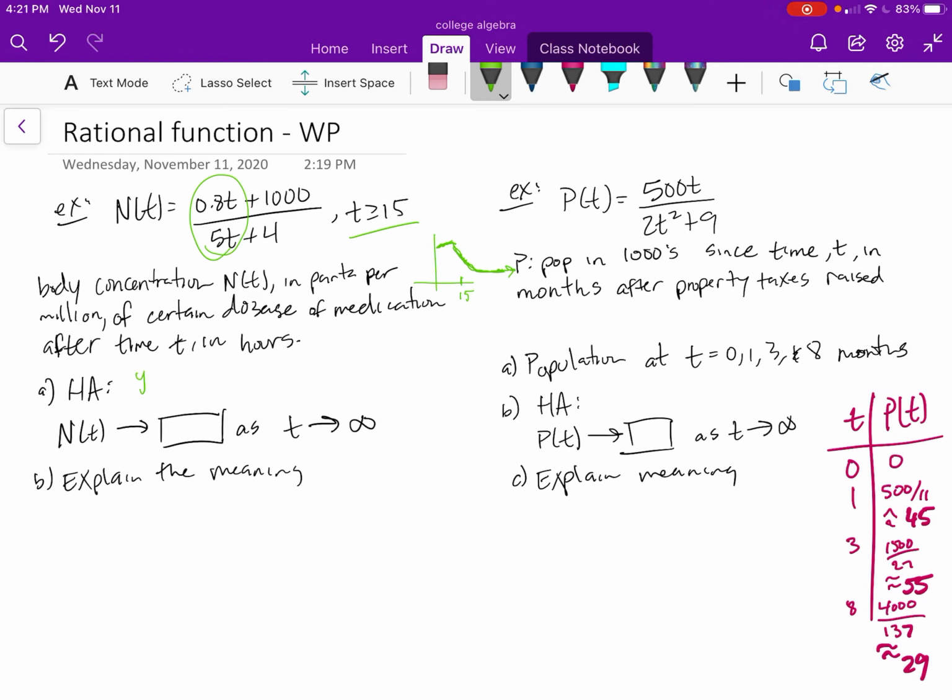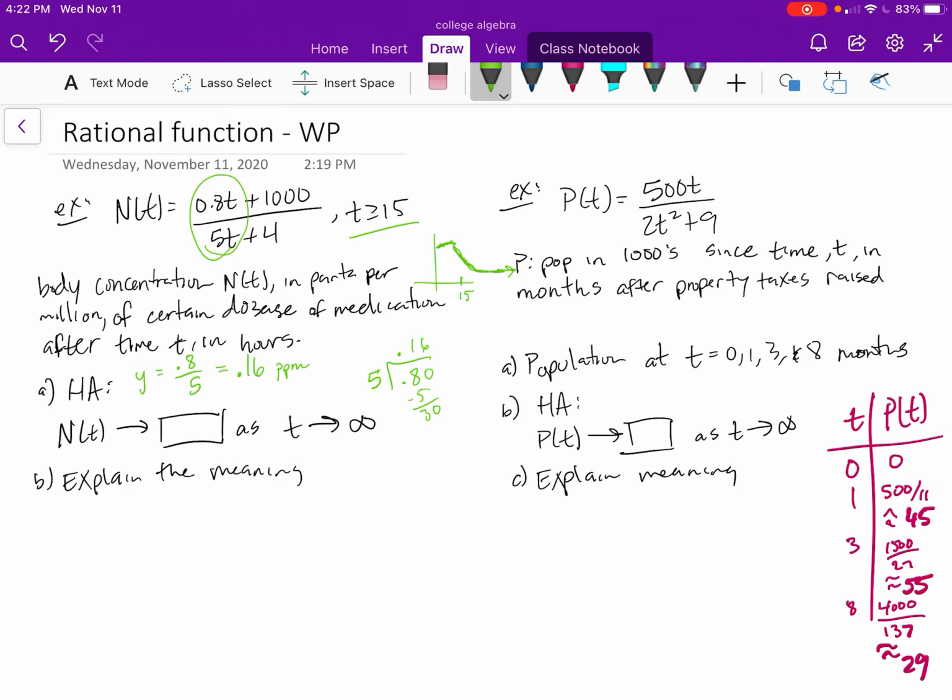So you take 0.8 divided by 5, and 5 goes into 0.8, 0.16, right? Okay, 0.16. So the horizontal asymptote is 0.16. So 0.16 parts per million, I'm just going to say ppm, of whatever dosage. That is how much is still in your body.